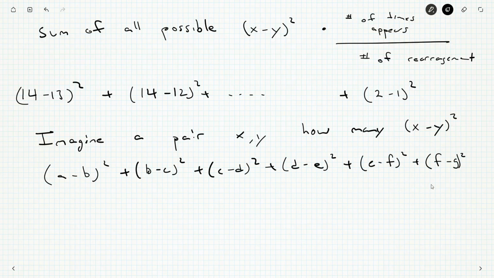So once I choose a pair x, y, there's 6 squares in our sum.